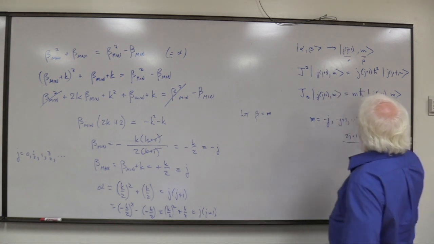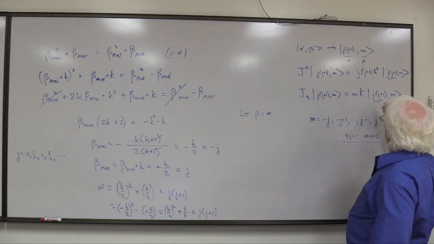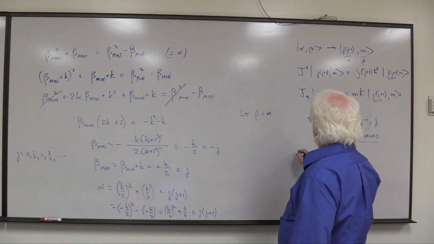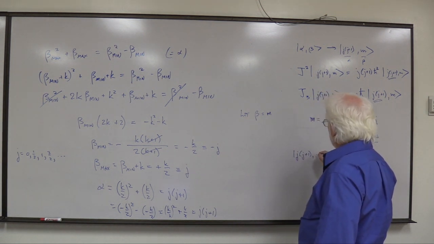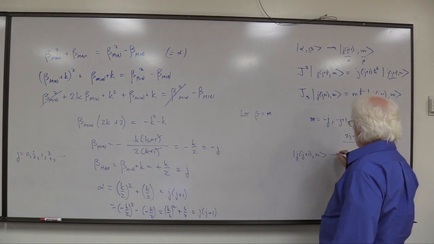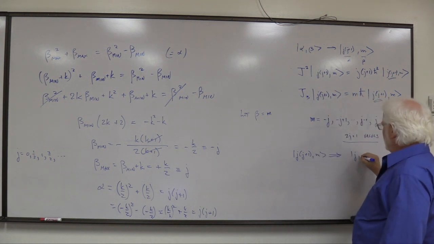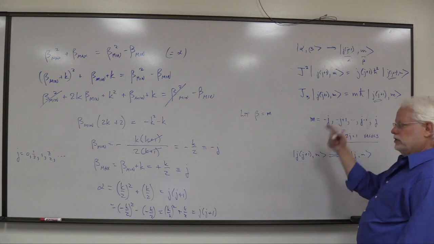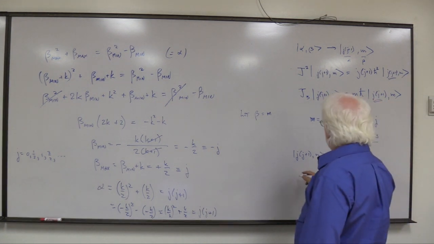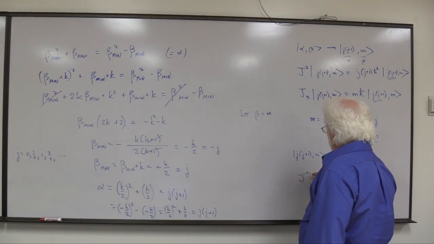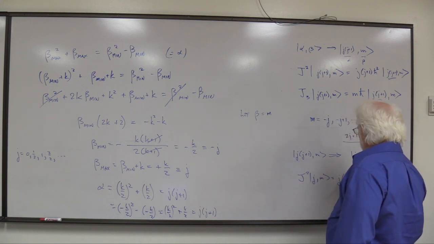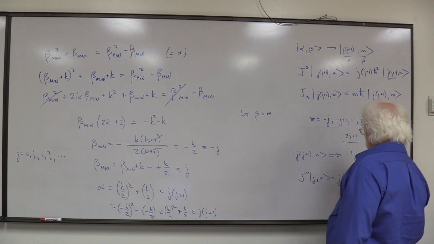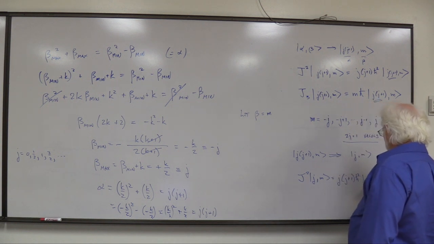Now, rather than writing j times j plus 1 all the time, I'll introduce a shorthand. Instead of writing this, I'm going to write it as just j and m. If we know j, we know j times j plus 1. So now J squared on a jm state is j times j plus 1 h bar squared times jm.